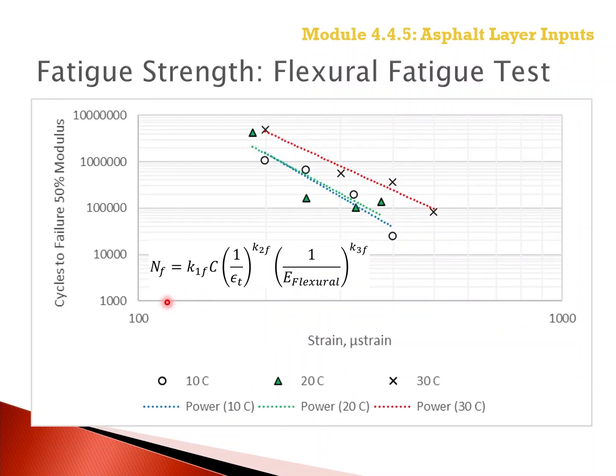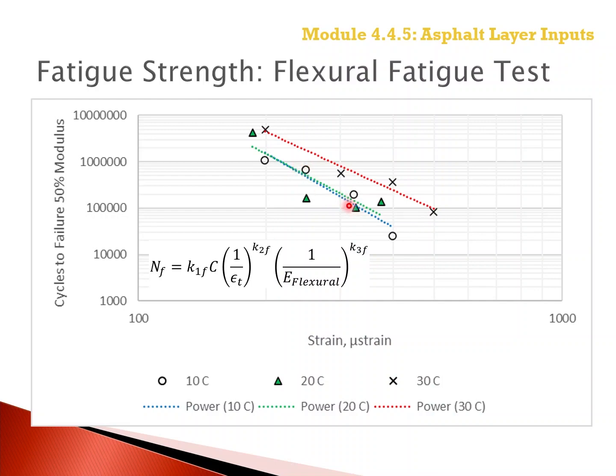This chart provides another example of the test results from AASHTO T321 for three test temperatures of 10, 20, and 30 degrees centigrade. 4 tensile strain levels were used for each test temperature as for the previous example. However, the test results for 10 and 20 degrees centigrade produce about the same relationship.